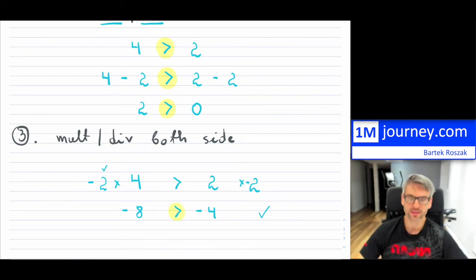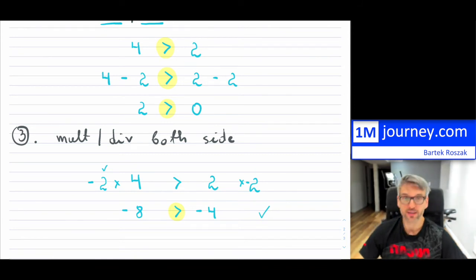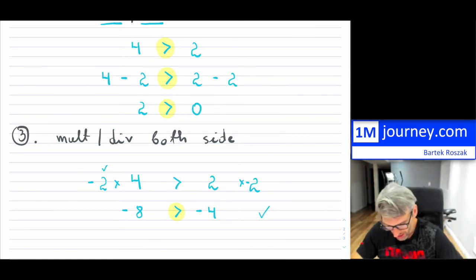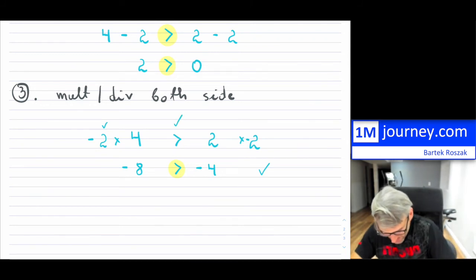Wait a minute. -8 is not greater than -4. So what that means is that if you have an inequality and you're multiplying by a negative number, you are now changing your inequality. So you're going to have to switch your inequality around.